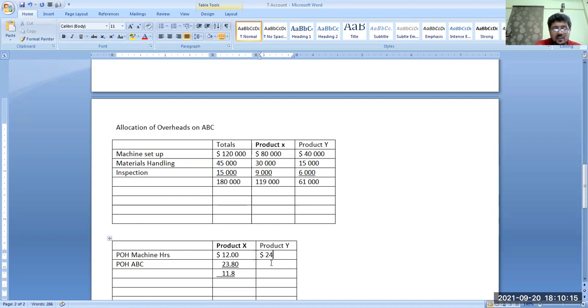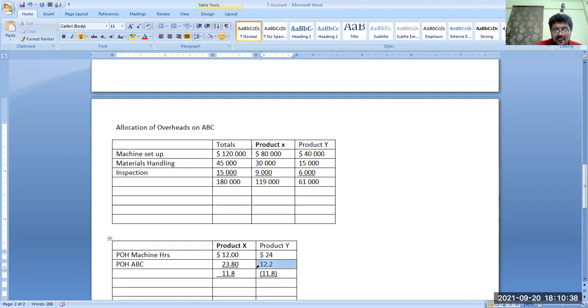Now this time production overhead on activity based costing is 61,000 divided by 5,000 units. It's 12.2. That is 11.8 less than before.